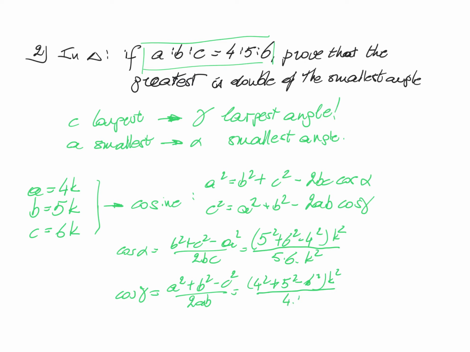A was 4, b was 5, we get a k squared, and I forgot the 2 here. If we now calculate it, we get 45 divided by 60, or 3 over 4. And for this one, we get 5 divided by 40, which is 1 over 8.